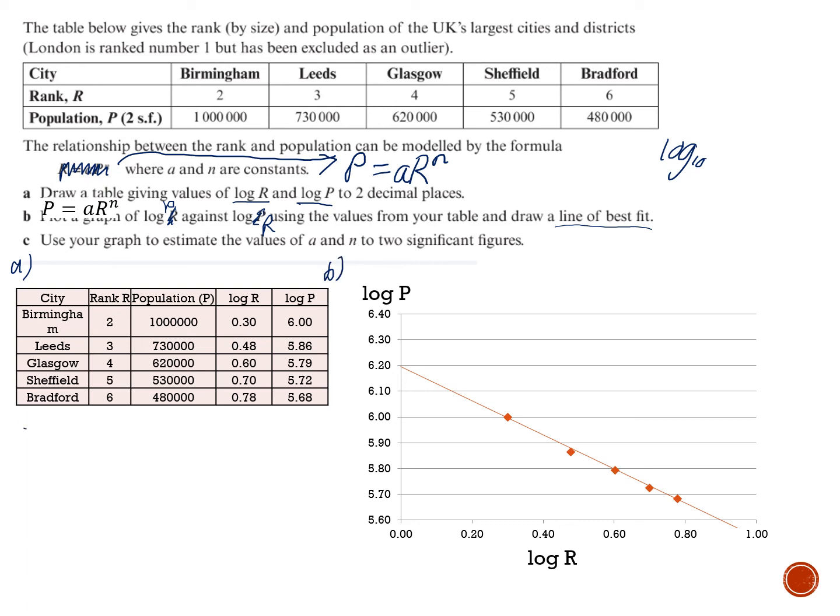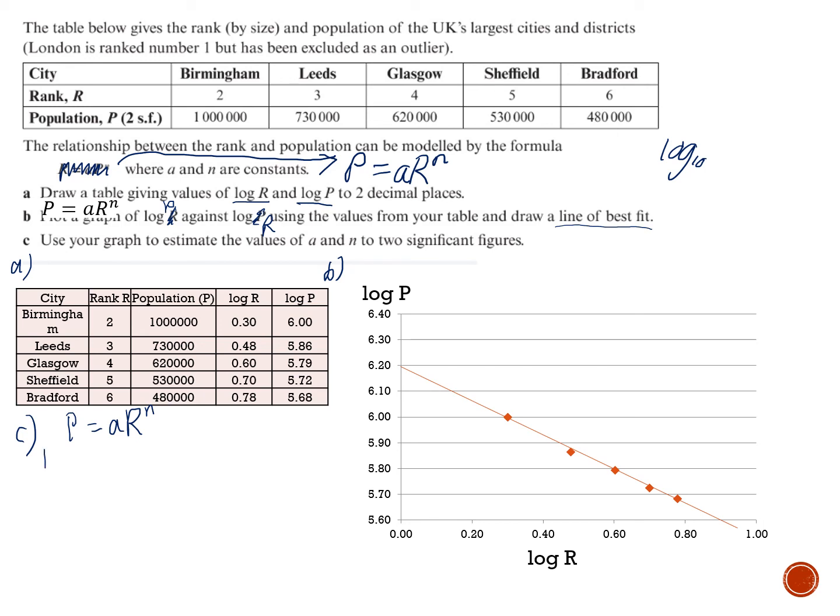Now part C, this is going to be similar to what we were doing before. We're going to now use our graph to work out the values of A and N. So let's do the same as what we did before. Let's start with P equals A R to the N. So I want this to look like the equation of a straight line, which is like y equals mx plus c.